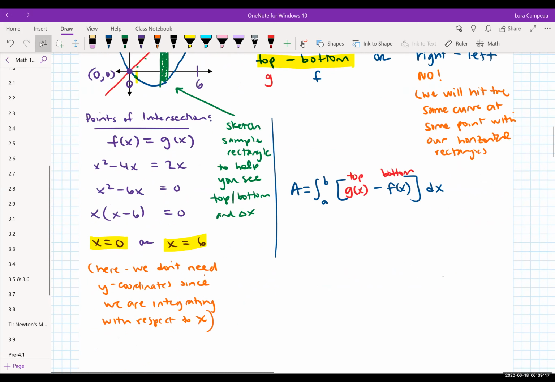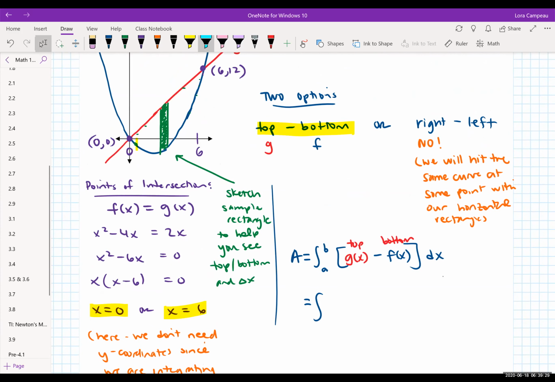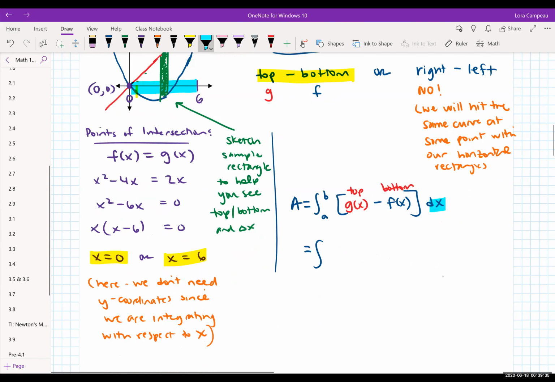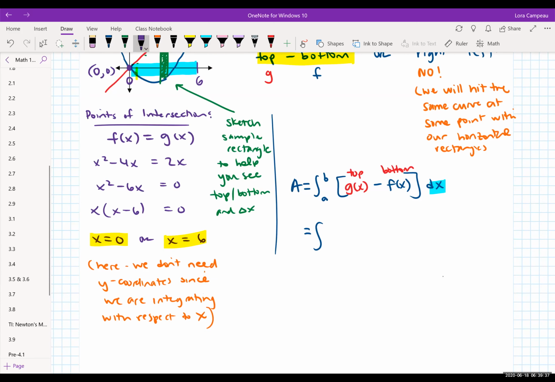So now that you kind of have that down, you then have to kind of fill in, well, if we're going to integrate, we should probably know who our limits of integration are. And you can see why we took a little bit of time. Again, if we're slicing up the x-axis, we're going to go from 0 to 6. And so we already have those nice x values from our previous work. And I like that. We have a 0 at the lower limit. That's good to know.